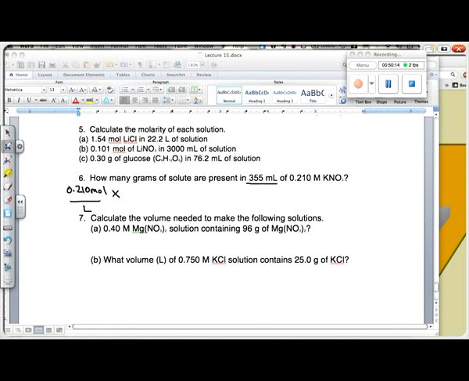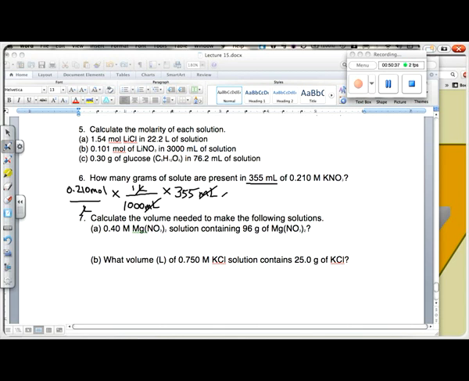So the first thing I want to get rid of is the liters. Well, I have that here. I'm going to go from liters to milliliters, 1 liter on top, so it cancels, 1,000 milliliters on the bottom, conversion factor, times the 355 milliliters, and now those cancel, right? And that'll get me moles.